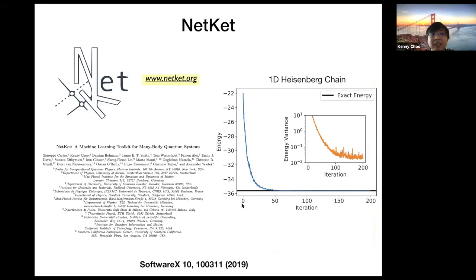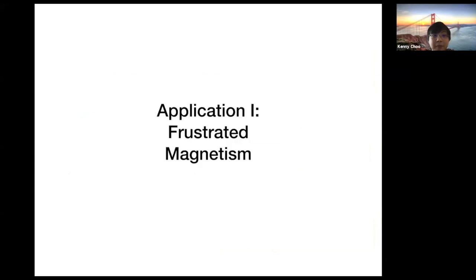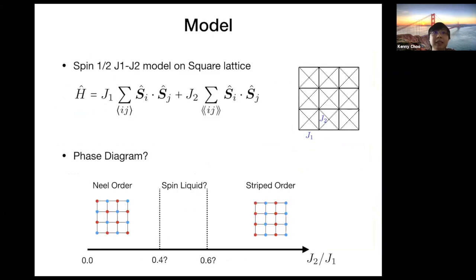Okay, so now I move on to the first application of these neural network quantum states that I want to talk about. It will be on frustrated spin models. In particular, we will be looking at this very famous model called the J1-J2 Heisenberg model on the square lattice.